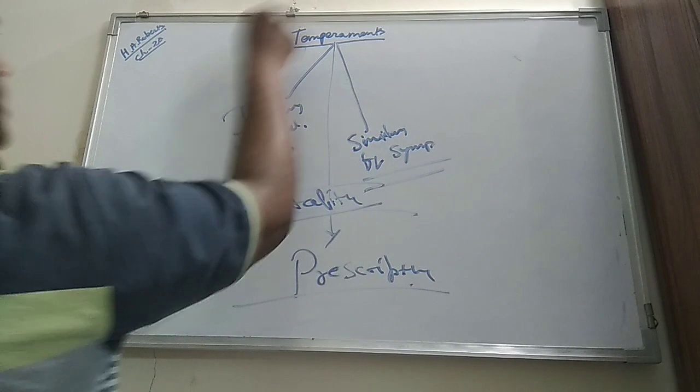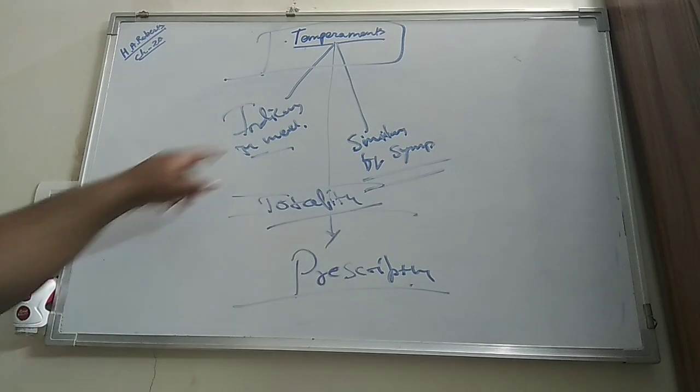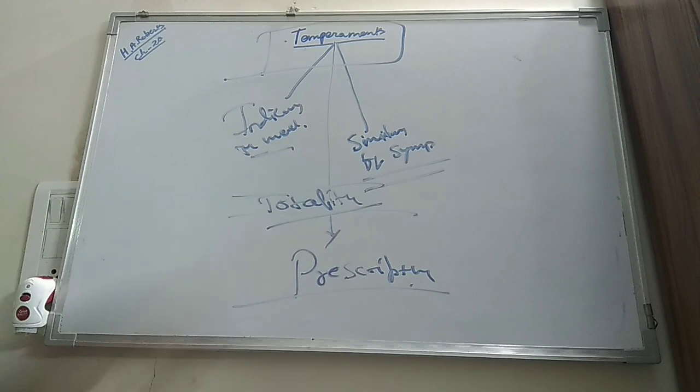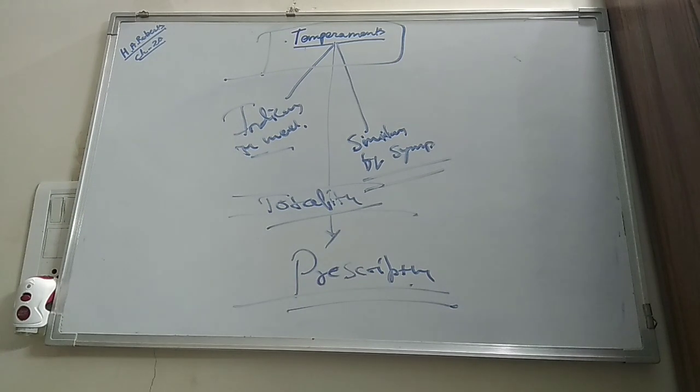So temperament is used for prescription only if indicated by medicine, provided by similarity of symptoms and confirmed by totality, then only it helps in prescription. Otherwise, keynote and snapshot prescription based on temperament are error.